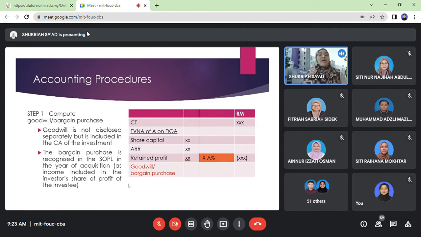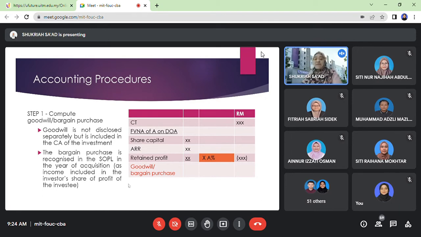In terms of accounting procedure, there are a few steps involved. Step number 1 is always to determine goodwill or bargain purchase. It's not only for a subsidiary, but for the associate also you need to determine this. They also have this step number 1.